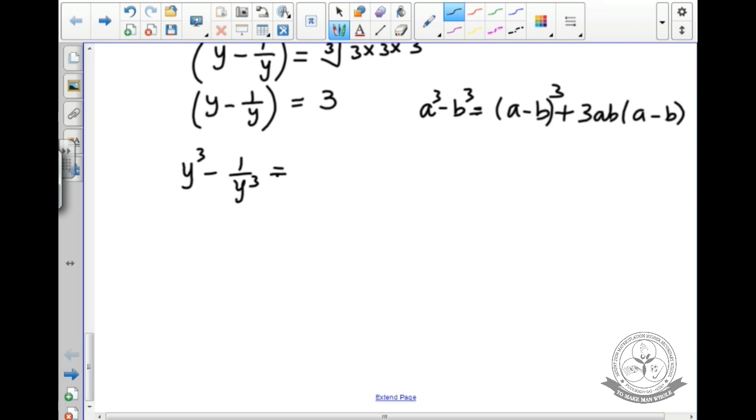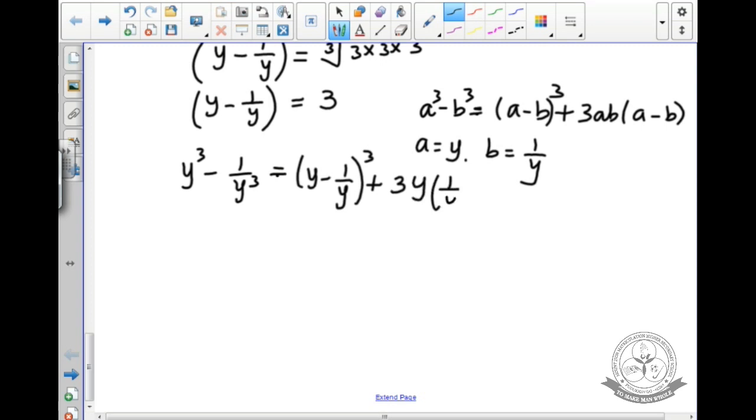Here you can apply a is equal to y and b is equal to 1 by y. So if you apply, what you get? y minus 1 by y whole cube plus 3 into y into 1 by y into y minus 1 by y. Here y and 1 by y, these two terms will be cancelled.